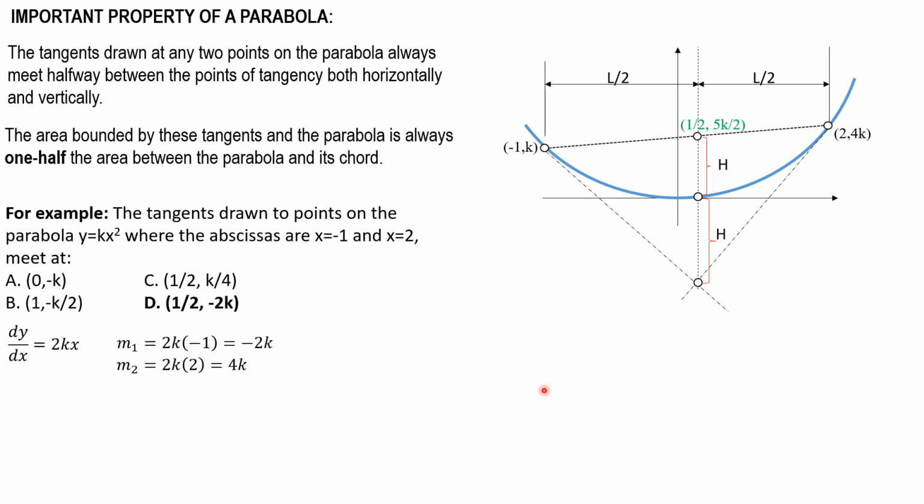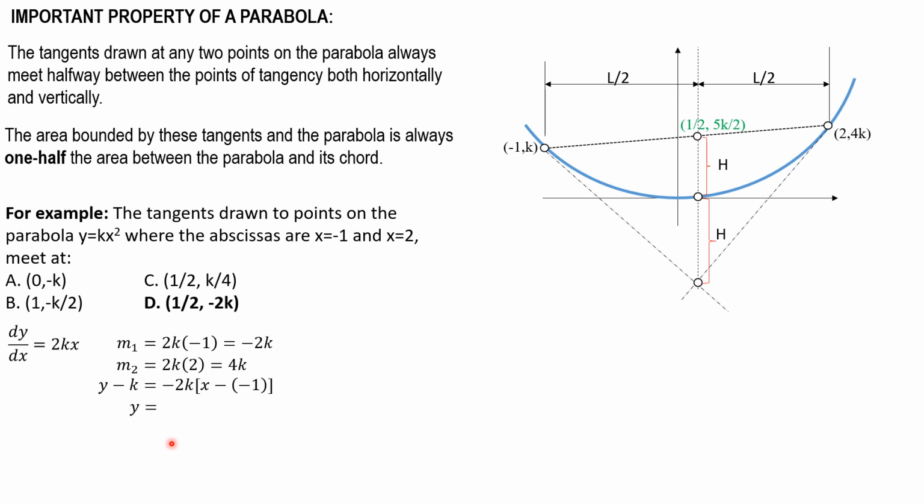So the first tangent is y minus y1, y minus k equals slope -2k times x minus -1. Simplifying, the equation of this tangent here is y equals -2kx minus 2k plus k, which is minus k.